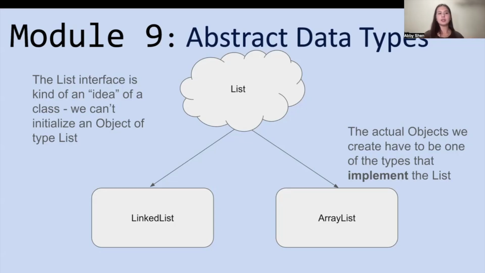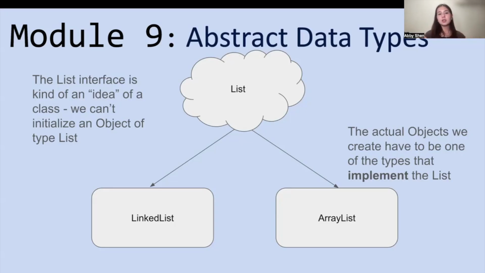So we can't initialize an object of the type list, but if we want to create lists, we're creating objects of the types that implement the list.